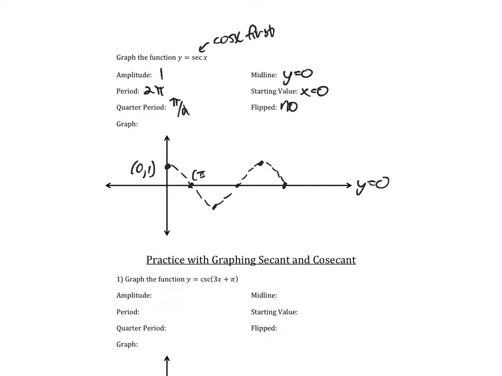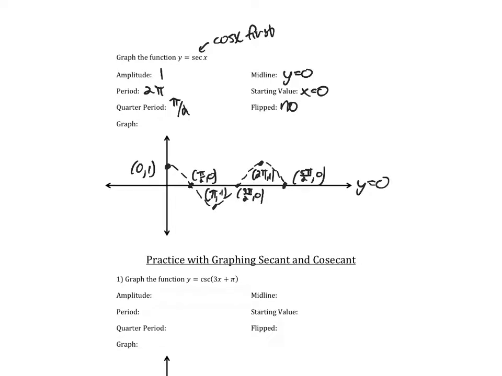So we have pi over 2, comma 0, pi, comma negative 1, 3 pi over 2, comma 0, 2 pi, comma 1, and 5 pi over 2, comma 0. So there's my cosine graph with an additional point plotted.